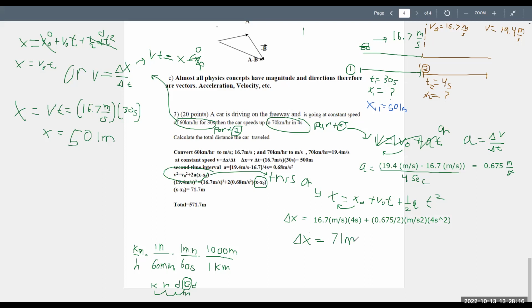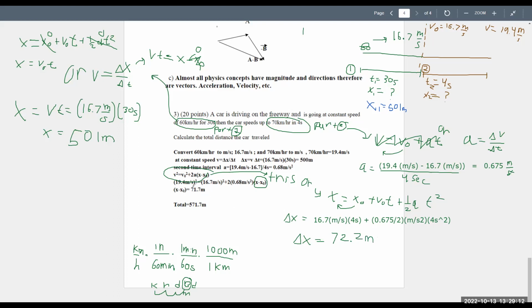Feel like I rounded that. Squared. Okay, I got 72 meters. 72.2 meters.